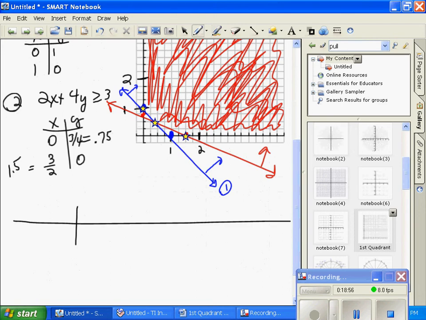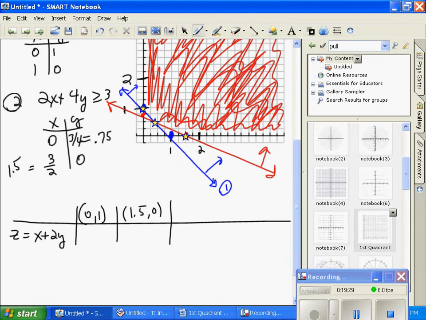My z equation is z equal to x plus 2y. Now that along the y-axis was the ordered pair 0, 1. The star point along the x-axis would be the ordered pair 1.5, 0. And then I have that point that's kind of in the middle of nowhere.